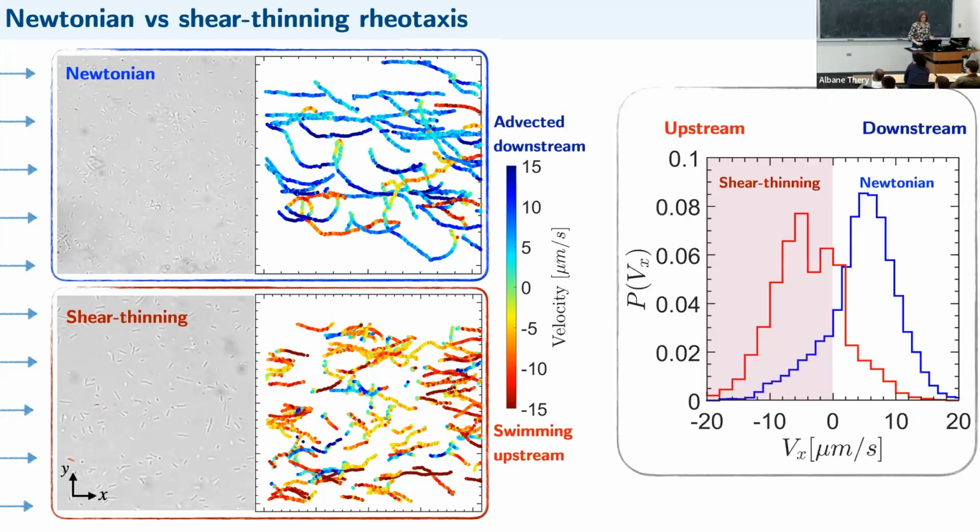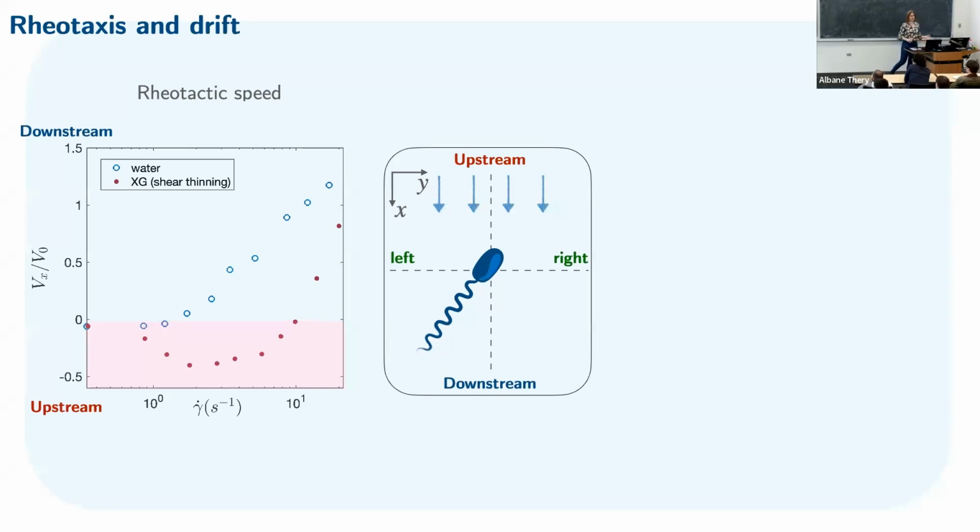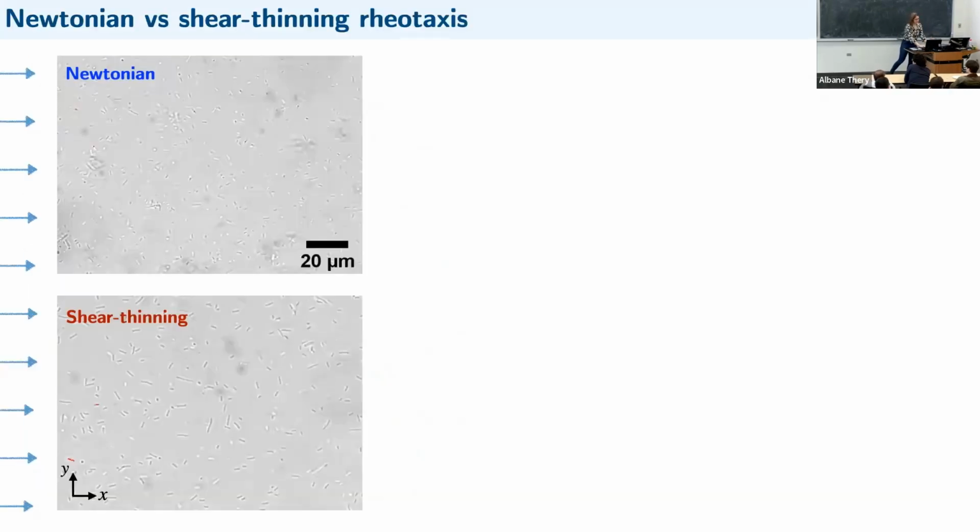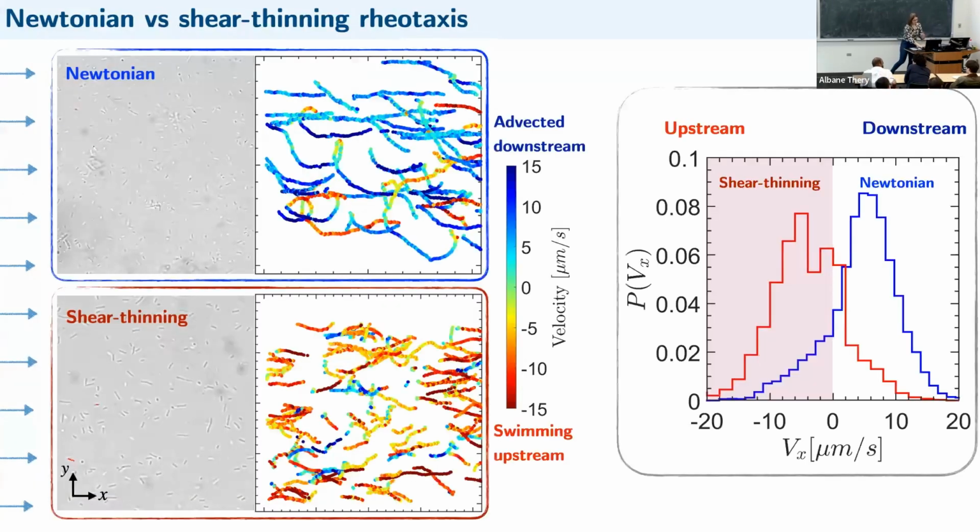But you can be more quantitative. You can just check whether they are indeed going upstream and downstream. That's the case. Very big difference between the two. Not exactly, it's like 1 and 1.2 in the shear thinning fluid, but this does not explain any of the results.